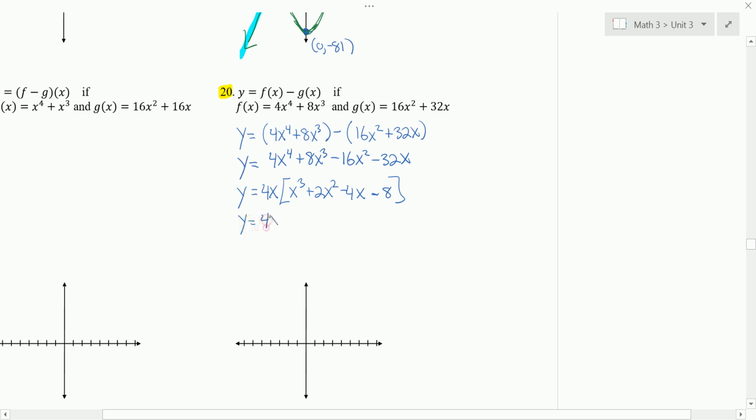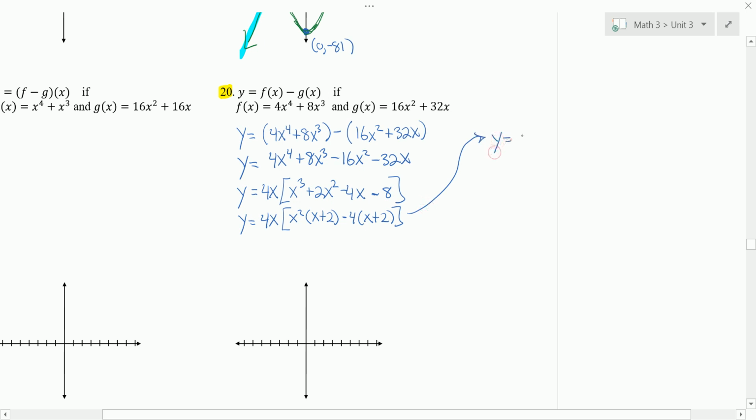Then I'm going to try to factor the 4 terms. So now we have y equals 4x times, divide the first two terms by x squared, and you get x plus 2. And divide the last two terms by negative 4, and you get another x plus 2.